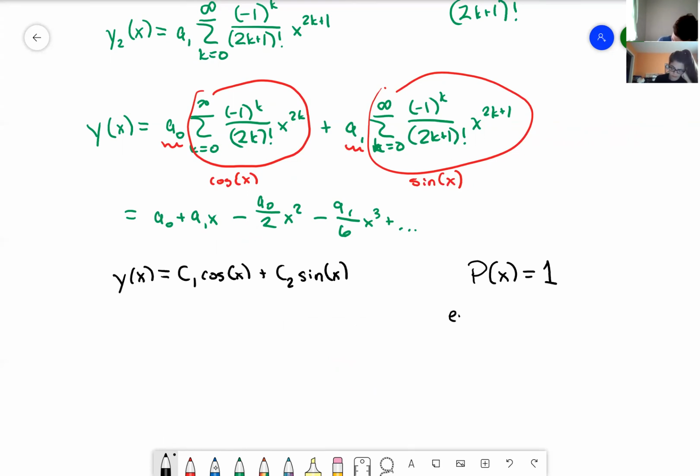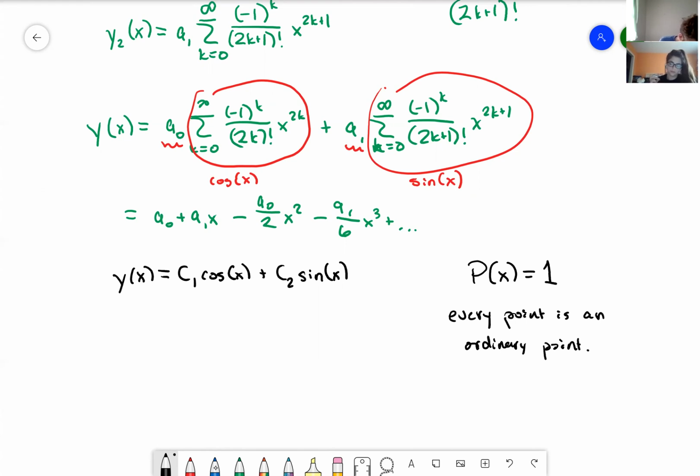And so in this situation, every point is an ordinary point. So we have no concerns for where our solutions are valid.